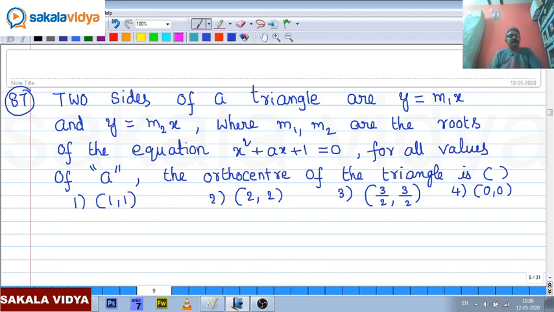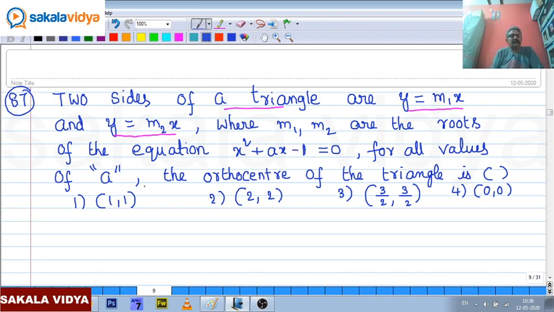So now the two sides of a triangle are given by y is equal to m1x, y is equal to m2x. They pass through the origin. Both, that means point of intersection of y is equal to m1x and y is equal to m2x will be obviously the origin itself, where m1 comma m2 are the roots of the equation, because m1 and m2 are the slopes of the lines. They are the roots of the quadratic equation x square plus ax minus 1 equal to 0.